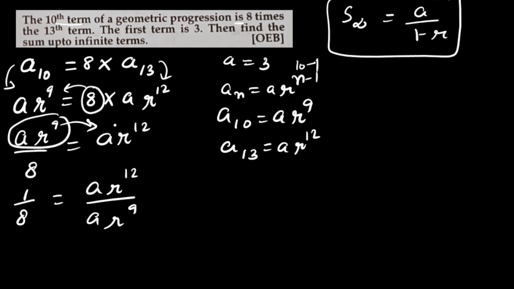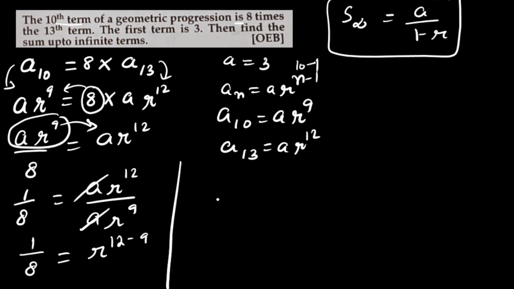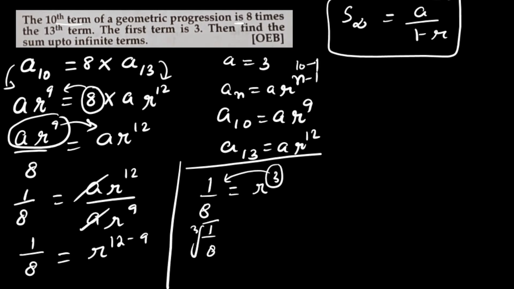A and A will get cancelled. Here I can apply the law of quotient: if bases are the same and they are getting divided, we can subtract the powers. So 1 by 8 is equal to R to the power 3. When 3 shifts to the other side, it becomes cube root. Cube root of 1 by 8 is 1 by 2.